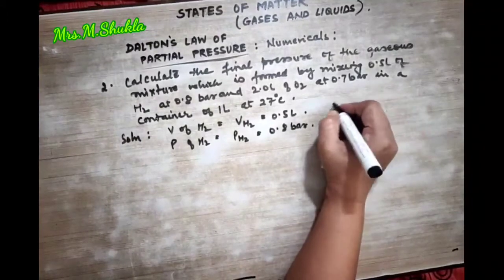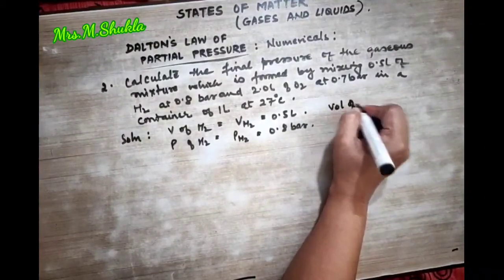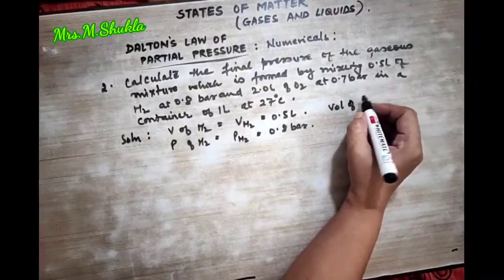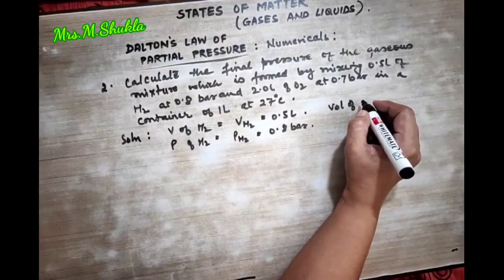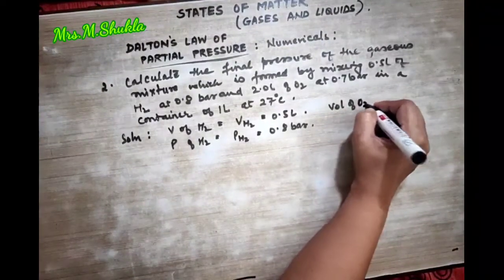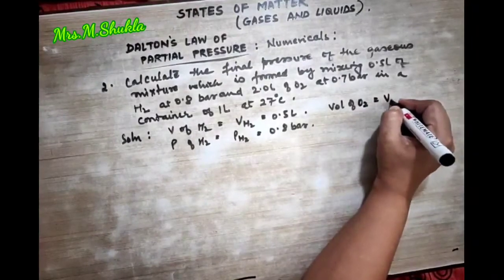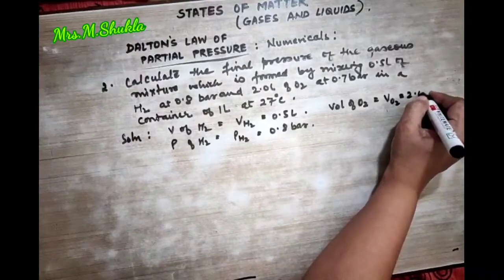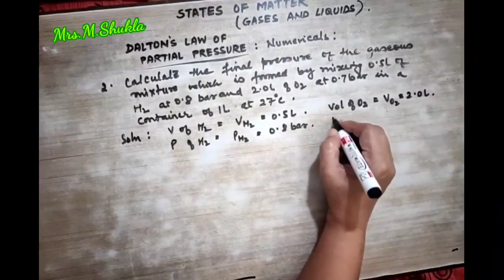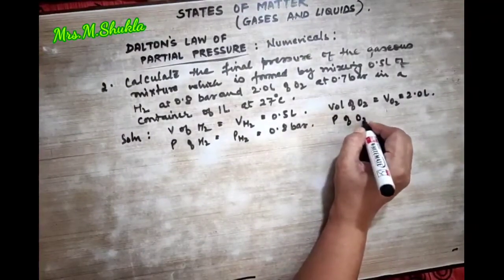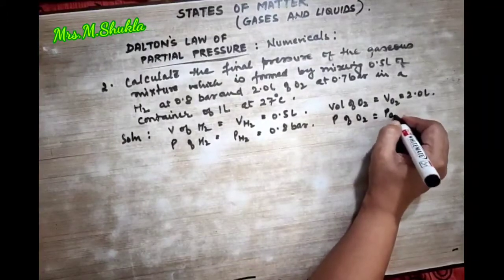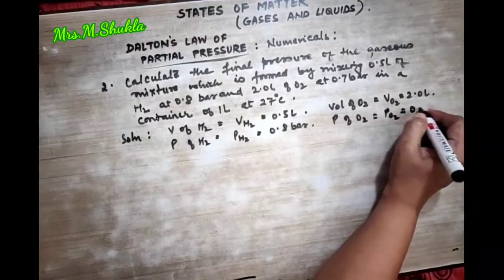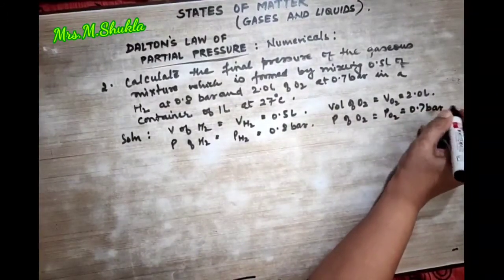Now the volume of oxygen is given, VO2, equal to 2 liters, and the pressure of oxygen, PO2, is equal to 0.7 bar.